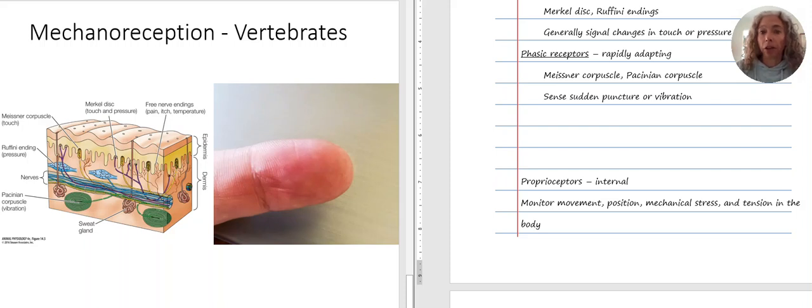These receptors are going to monitor movement, position, mechanical stress, and tension in the body. As with photoreception, there are several areas in the brain that are going to process mechanoreceptive information, and this allows for plasticity in our response to stimuli and not a rigid all or none response.